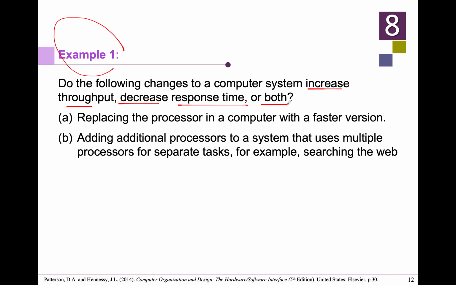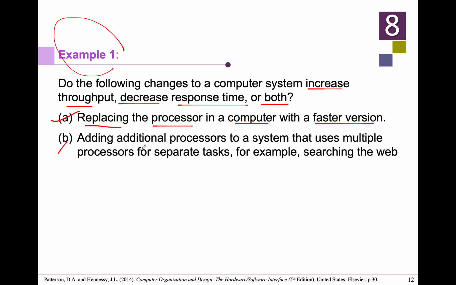So what you need to do if you need to change your computer system by increasing the throughput and decreasing the response time, how and what you need to do. A, replacing the processor in computer with faster version. So what happens if you replace your processor with faster version? Is it going to increase the throughput or increase the response time?